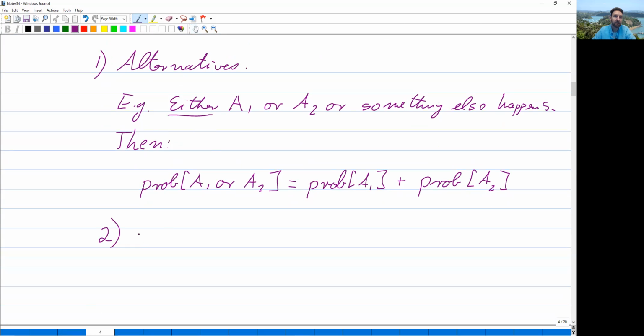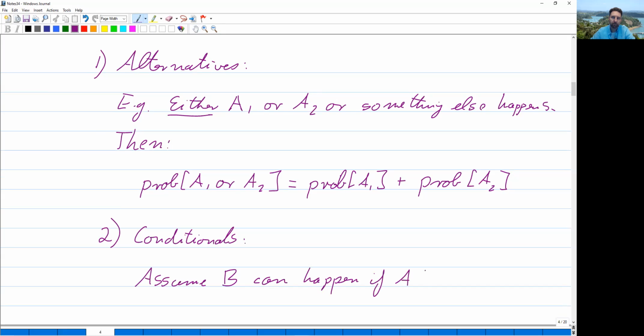And then there is a rule of conditionals. This applies in this situation here. Assume that an event B can happen if A happened before.